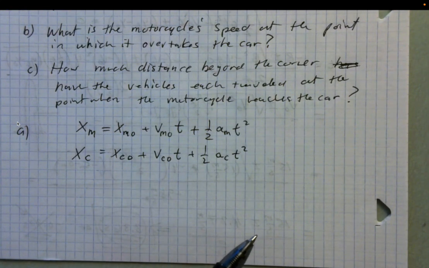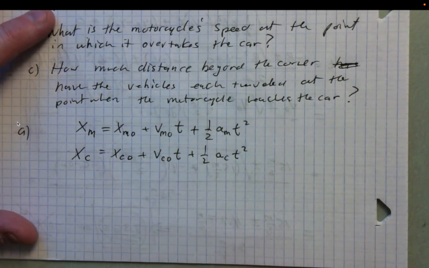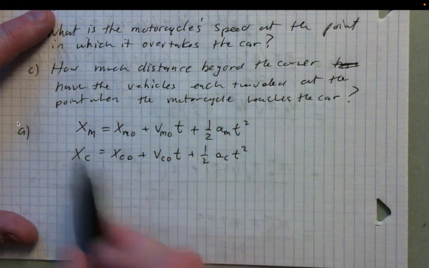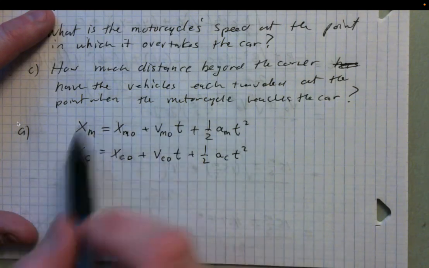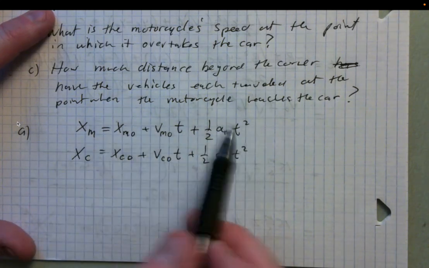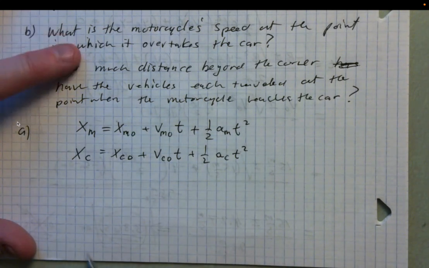Now, we're interested in when the motorcycle will catch up to the car, which is another way of saying, when will the car's position and the motorcycle's position be the same? When will they be equal? Setting these two position functions equal to one another is how you would model that scenario, right?